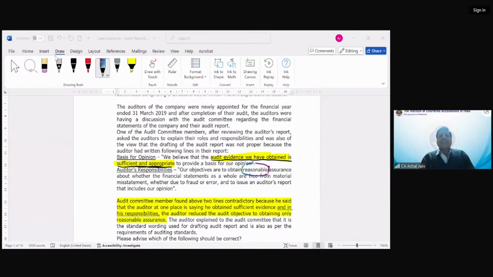Pranav says reasonable assurance is a high level of assurance and there are inherent limitations of the auditor. All right. What about others? Hardik says he is not an expert auditor, and this is not an investigation. So you mean to say that whatever the auditor has given is appropriate?